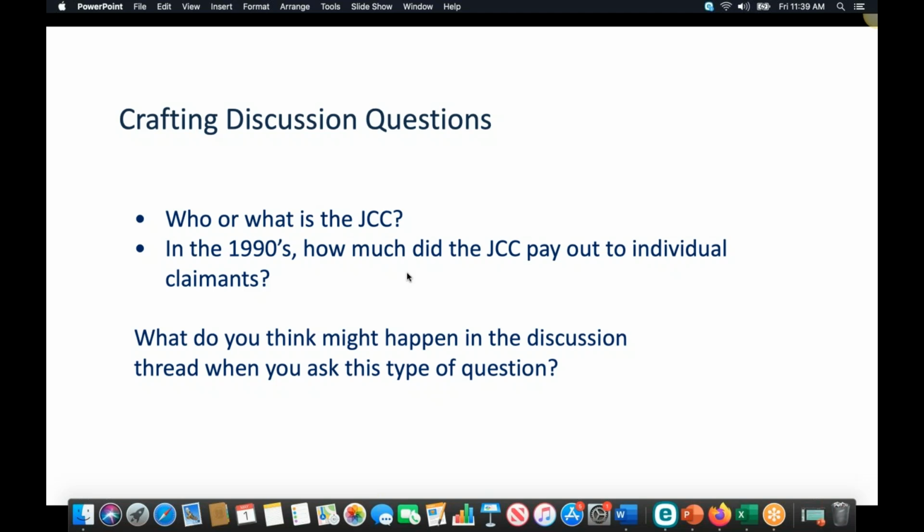Or how much did individual claimants pay out? I don't know that a student even has to read the article to answer those questions, or the minute one student posts the answer, every other student has the answer. This kind of question doesn't inspire that deeper level thinking that we're after.